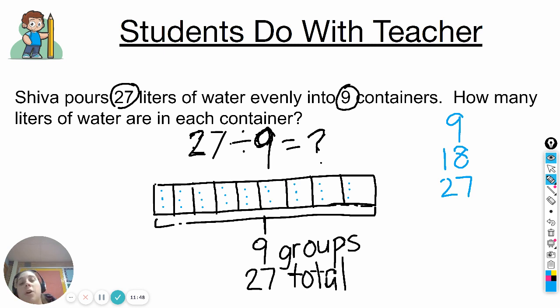So now I want you to go ahead and solve. 27 divided by 9 equals what? Solve that on your whiteboard.